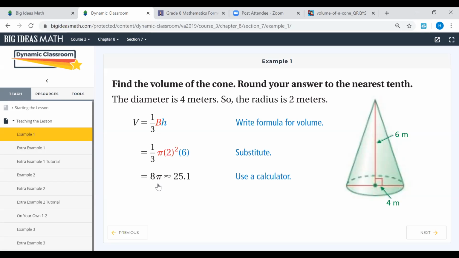The practice worksheet you're going to see today doesn't multiply pi at the end, but this one does. So that's just another way of solving this. One way I would solve it is to use my calculator: 1 divided by 3 times 4 times 6, and then multiply it by pi, 3.14. Let's take a look at the tutorial.